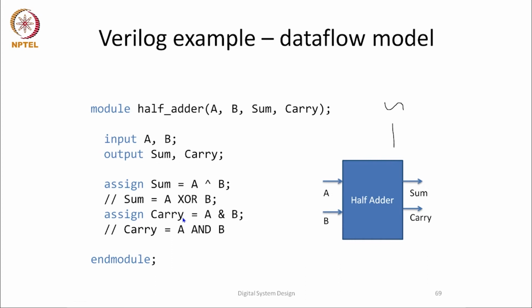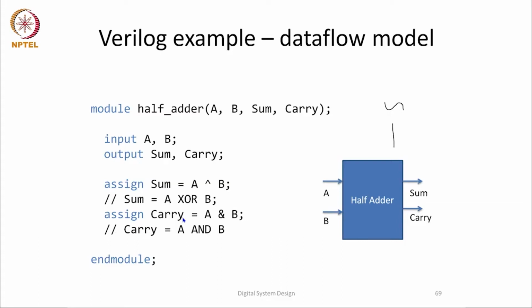So this data flow model is also equally powerful like a structural model, because instead of describing using basic gates, now we can use equations. Equations are sometimes a more effective way of representing, because you need not write each and every gate.